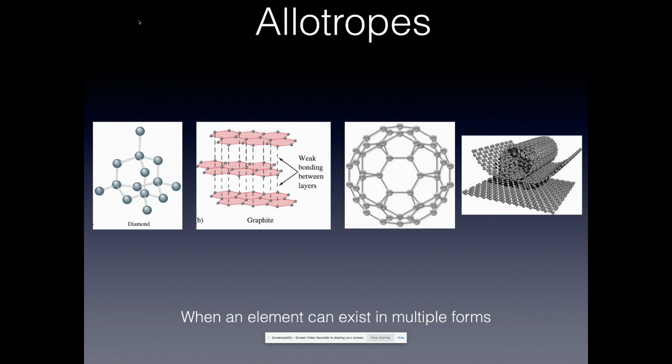Okay, allotropes. Now, allotropes are different examples of the same element. They're just put together in different forms. We have diamond, which is one of those networks. Then we have graphite. Graphite's fascinating. It's what's in the pencil you're writing with, okay?